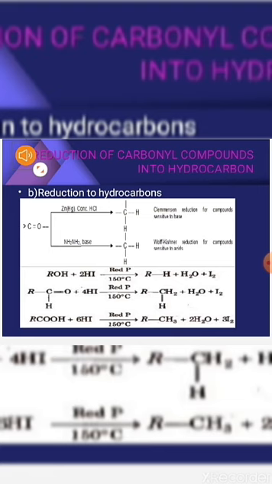Second one is the Wolff-Kishner reduction reaction, which takes place in presence of hydrazine. As earlier we have seen, carbonyl compounds react with hydrazine and form hydrazone. So hydrazine reacts with the carbonyl compound and forms hydrazone first as an intermediate, and when it reacts with base, it reduces up to alkanes. That is famous as the Wolff-Kishner reduction reaction.